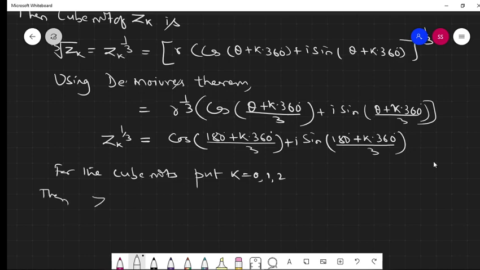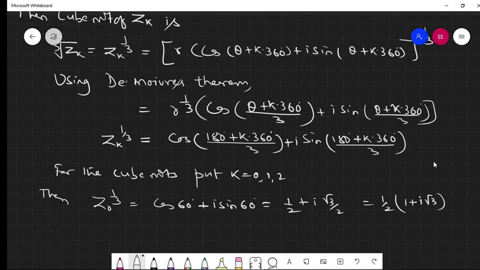Then z0 to the power 1/3 equal cos of 180 by 3, which is 60 degree, plus i sin 60 degree equal cos 60 degree, 1 by 2, plus i root 3 by 2, or 1 by 2 common, 1 plus i root 3.